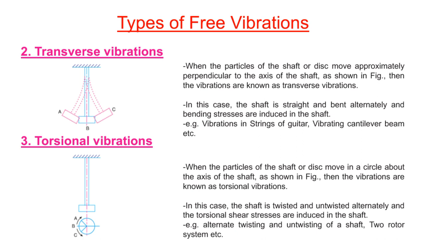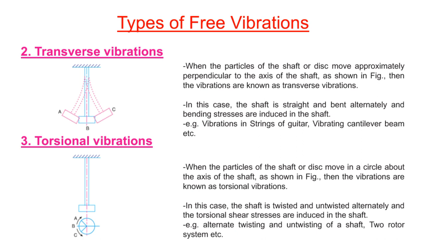Third, torsional vibration. When the particles of the shaft or disc move in a circle about the axis of the shaft, then this type of vibration is known as torsional vibration. See in that figure, there is one shaft and one disc attached to one end, and that disc at its initial position is at B, suppose, and it is twisted towards A and released.